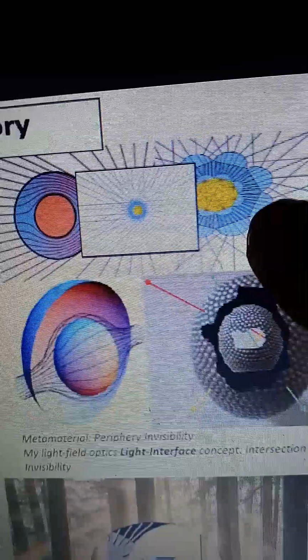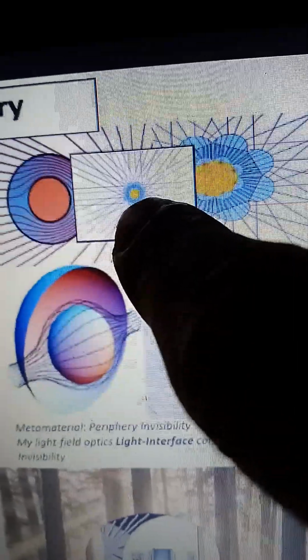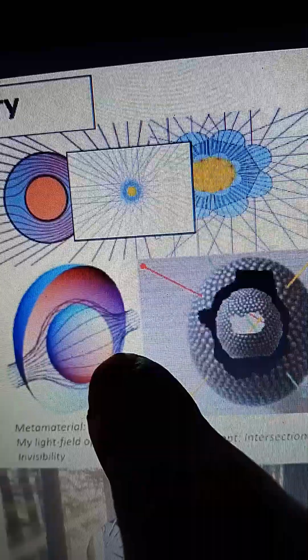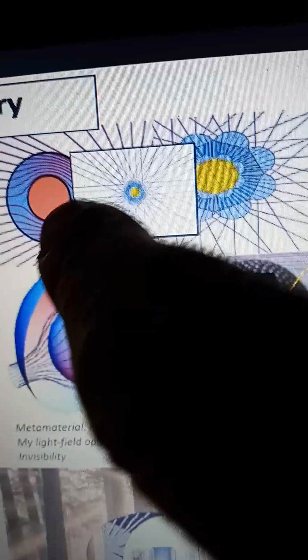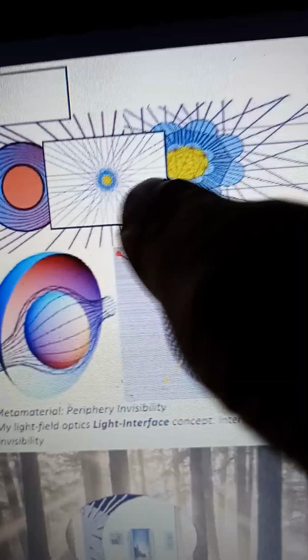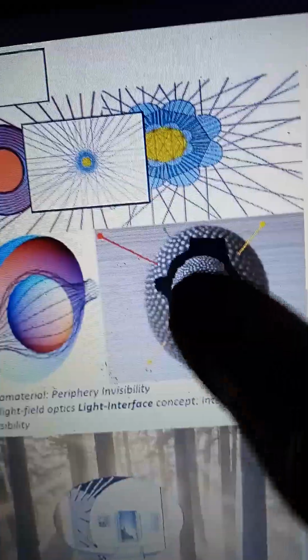And if you squeeze this down to the size of a point, or near the size of a point, you'll see that the metamaterial system exists on the periphery of the intersection of invisibility. These are three-dimensional models of the same things up here.